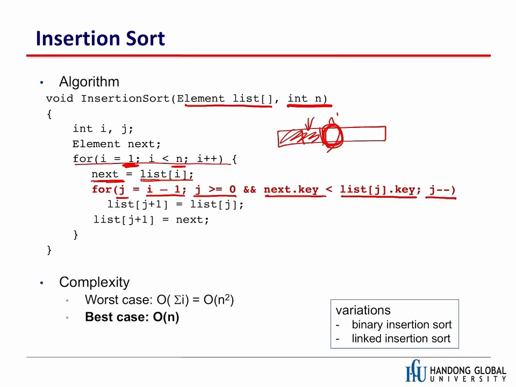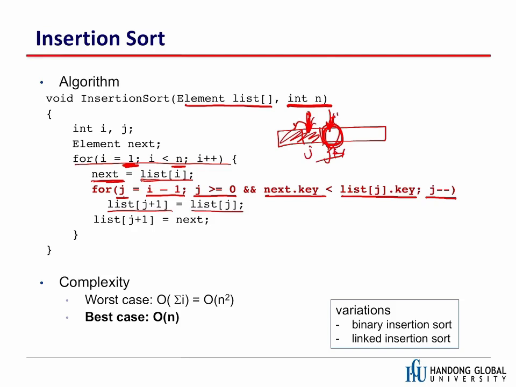Basically we compare this one and this one. If this one's key is smaller than this one, then j goes down. Whenever we decrease j, we copy list[j] to list[j+1].